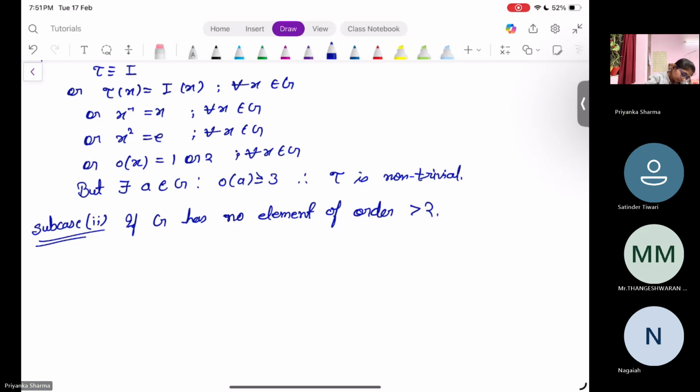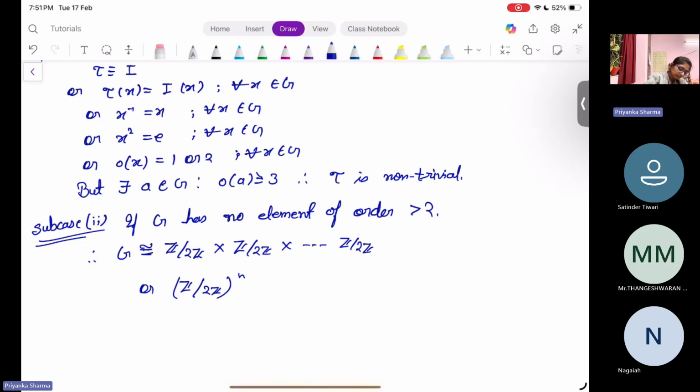Okay. So G will be isomorphic to Z over 2Z cross Z over 2Z, or we can write it as Z over 2Z to the power n. Okay.